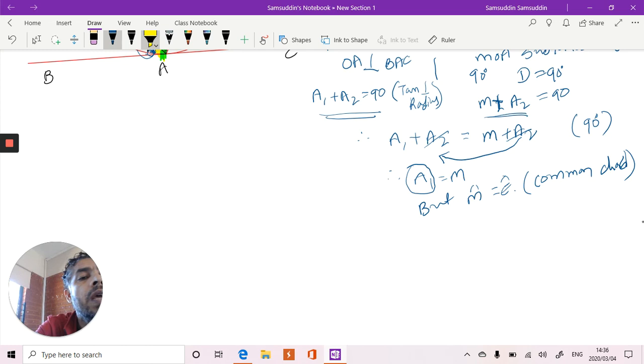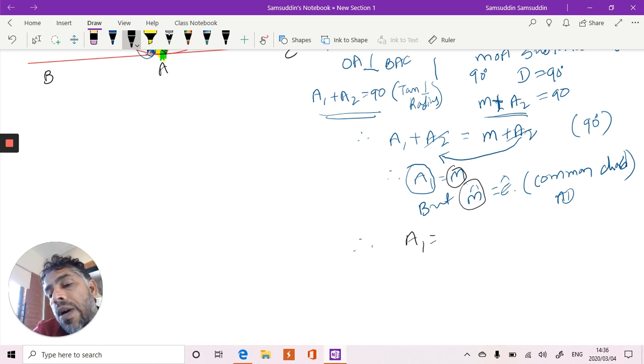Common chord AD. So my angle A1 equals M and angle M equals E. Angle M is a replacement for the other, so I can say angle A1 equals angle E. That is what I was looking for.